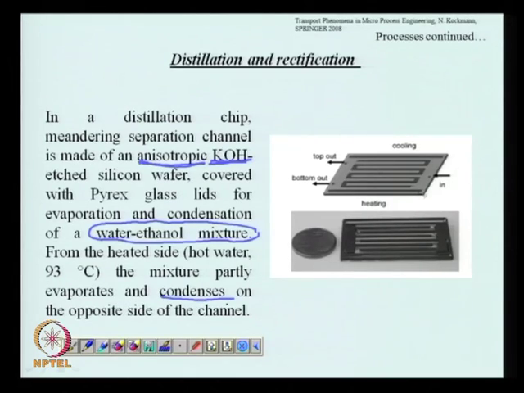So, the rectification takes place because of evaporation of ethanol from the ethanol water mixture, and then subsequent condensation of the higher concentration ethanol at the top of the cold side of the channel. So, here you can see the advantages. Everything takes place in a very small device.